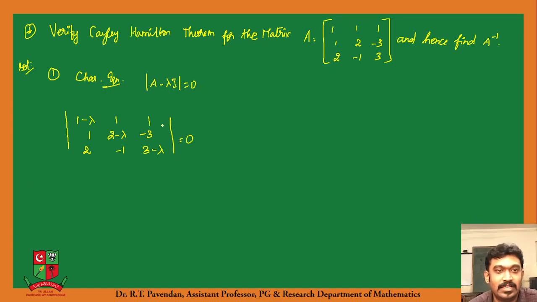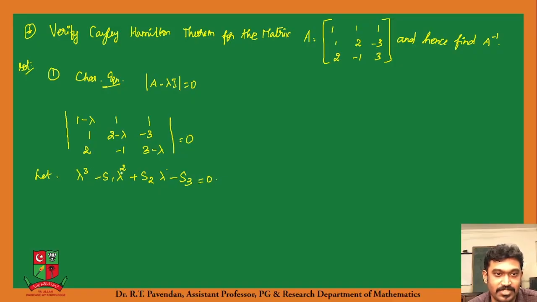This is a 3 cross 3 matrix, and our characteristic equation is going to be a cubic equation. So the general equation that we consider is: let the characteristic equation be lambda cube minus S1 lambda square plus S2 lambda minus S3 equal to 0.